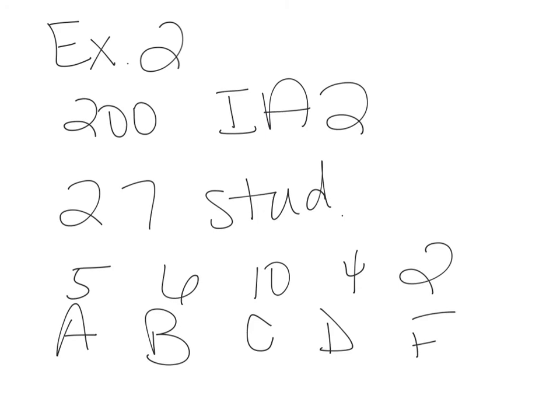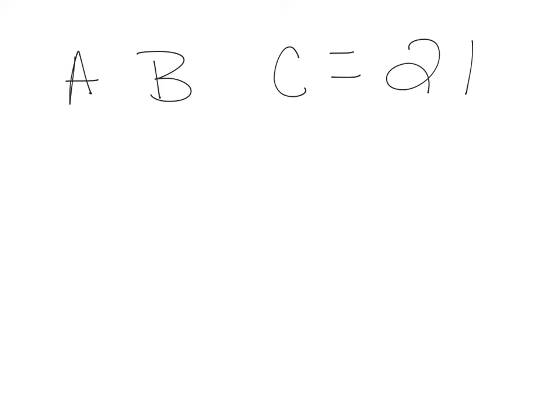What is the probability of students that have a C or better from that sample size? Because we're looking at C's or better, we need to include the A students, the B students, and the C students. So that would give us a total of 21 students.